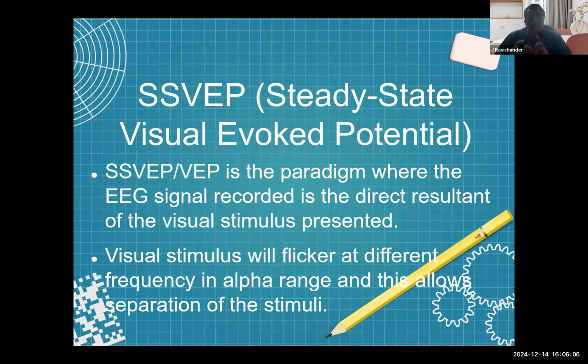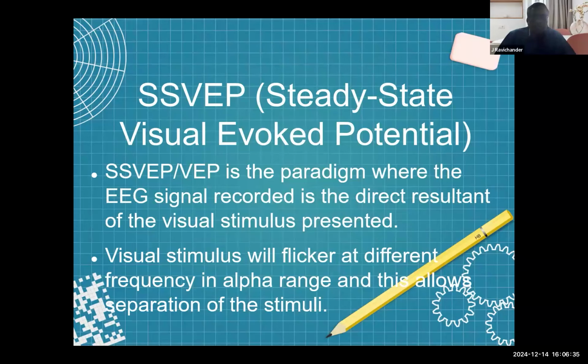The visual stimulus flickers at different frequencies in the alpha range, and this allows separation of the stimuli. Whatever the signals are, they are flickered at different frequencies, and you can classify those frequencies.